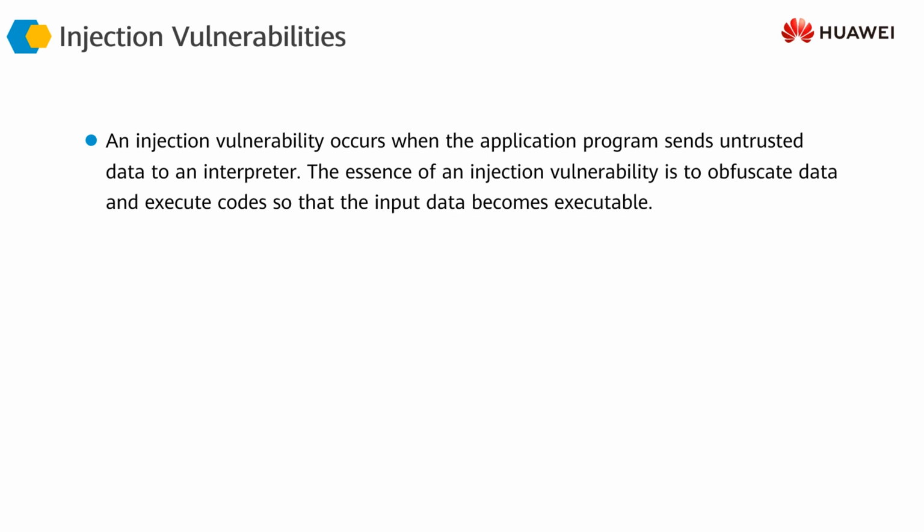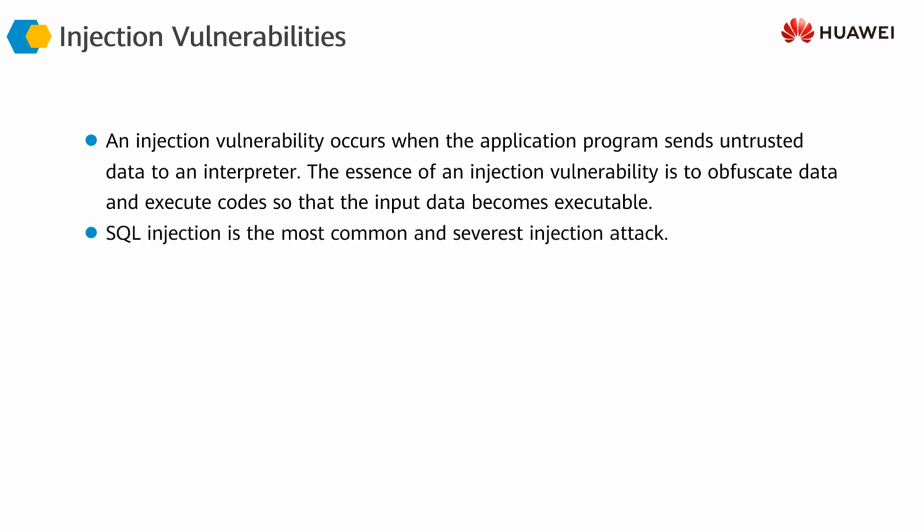As you can see here, the essence of injection vulnerability is to obfuscate data or send confusing or unclear data, and this data can execute code through the interpreter, and this executable code can damage or harm your application.